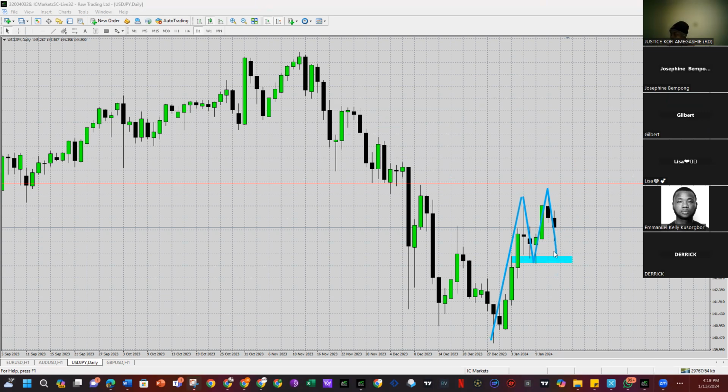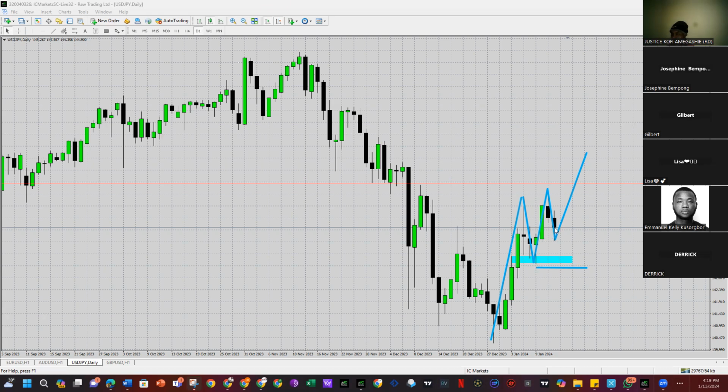So those who are trading the daily time frame, where would they put their stop loss? At a place where the trade will be invalid. Where would the trade be invalid? It's when it is below this place. The moment the candle body closes below this place, your trade for buying USD JPY is invalid.